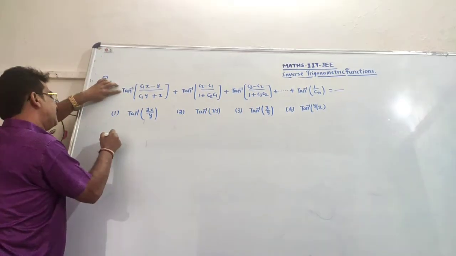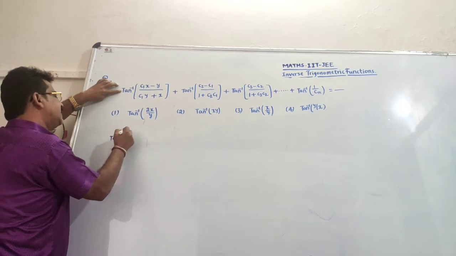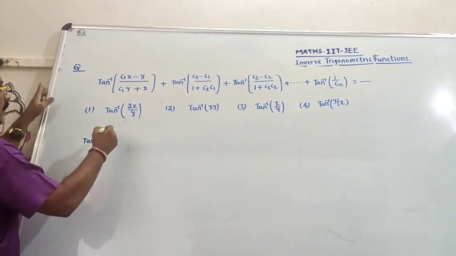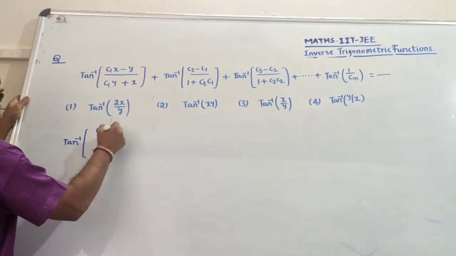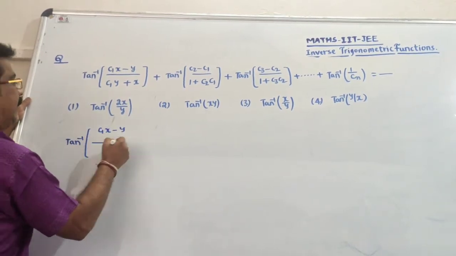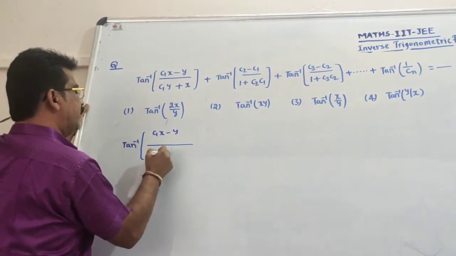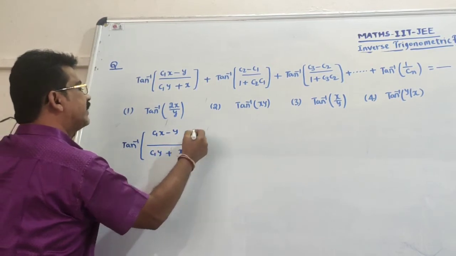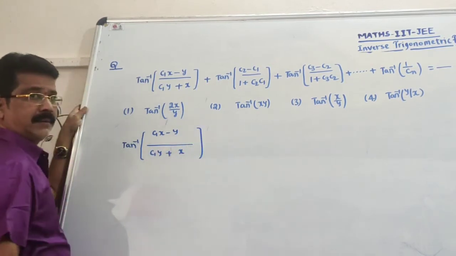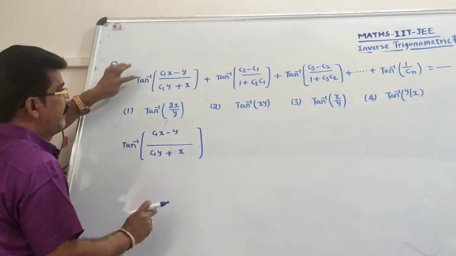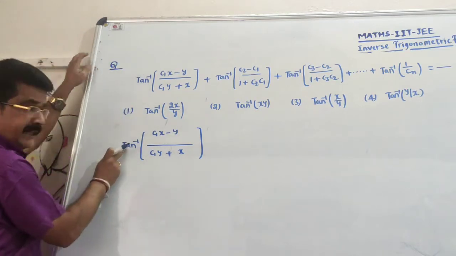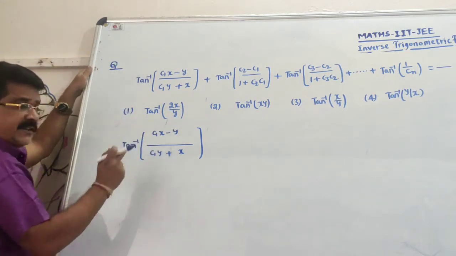Here it can be written as tan inverse of (C1 x minus y) divided by (C1 y plus x). It will be like that. For our convenience, we want tan inverse with a minus in the numerator.